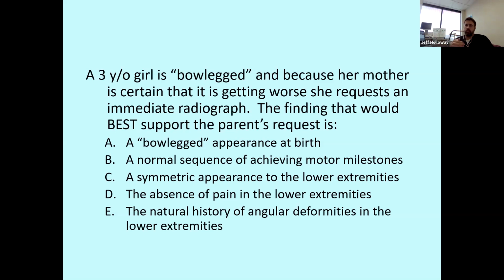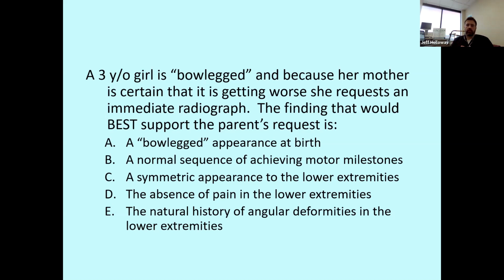So maybe the mom is just concerned, right? But then in your database, what makes you decide that you want to get an x-ray? Is it a bow-legged appearance at birth, so the kid came out bow-legged? Well, no, that's not right, because that's always true, right?